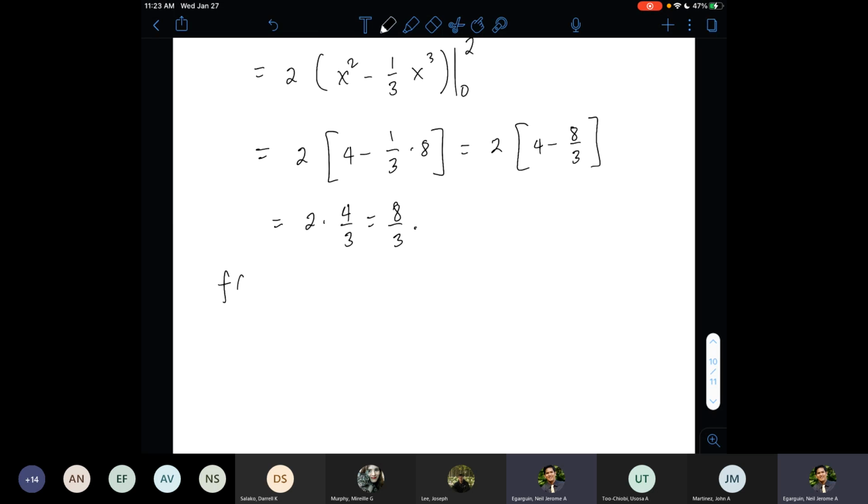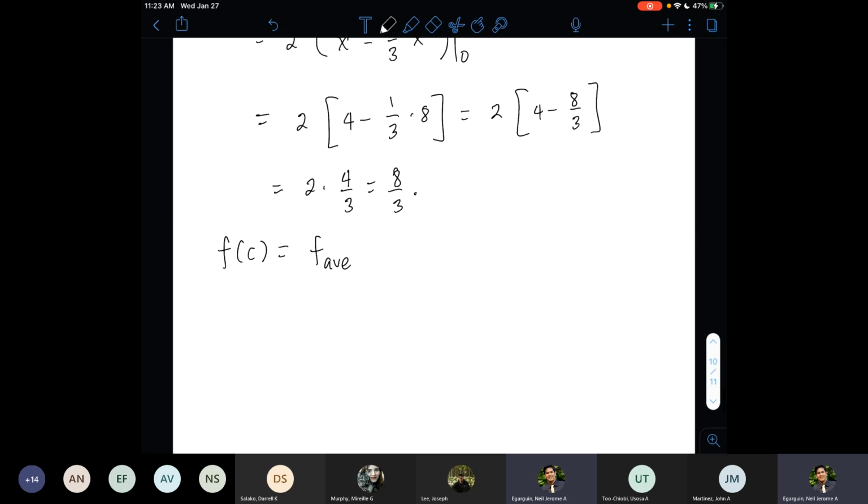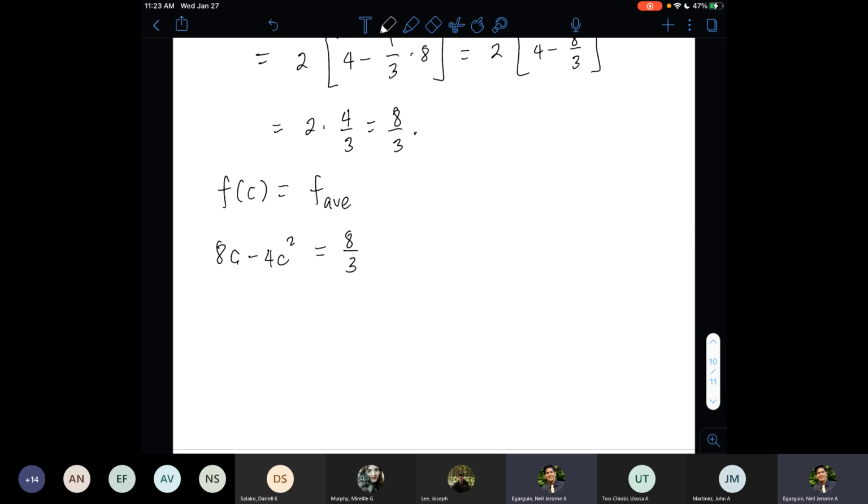And then we're looking for the value of c such that f of c equals the average value. So you plug in c into your function f. So you'll have 8c minus 4c squared equals the average value 8/3. And maybe it would be helpful if you multiply all sides by 3 so that you get rid of the fraction.